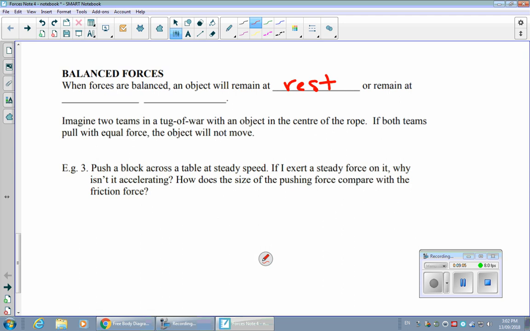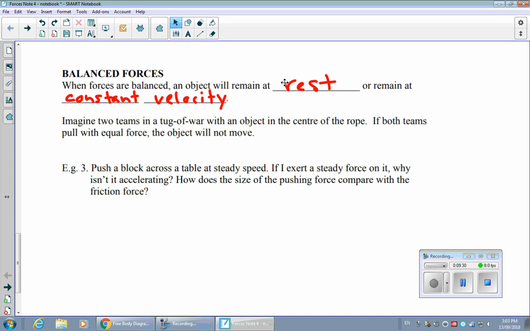So if it was actually in motion, it will just remain at that same constant velocity. And that's important. So it's not necessarily that the object won't move, because it is possible for an object to be moving even when all of its forces are balanced, as long as it's not accelerating.